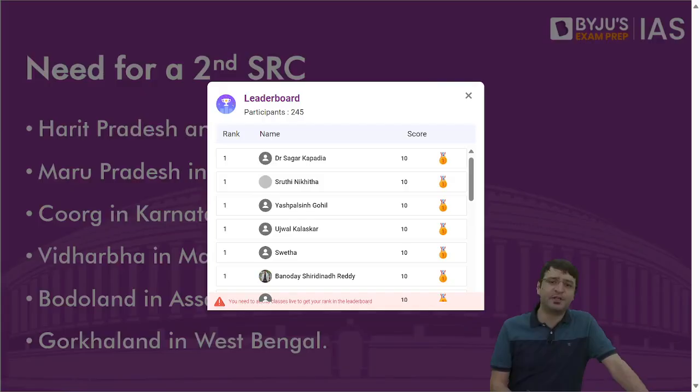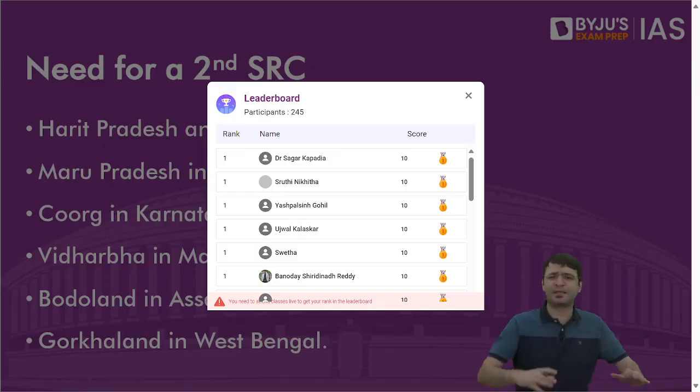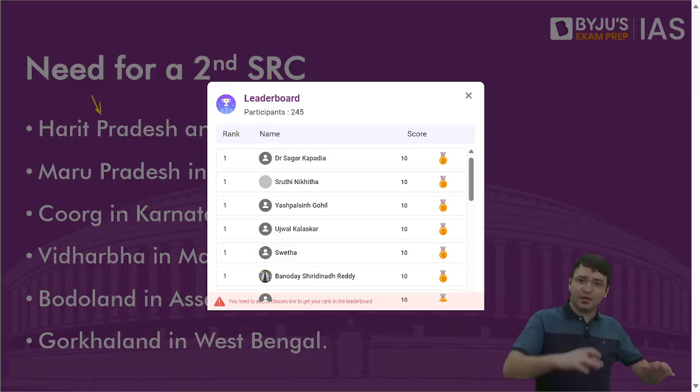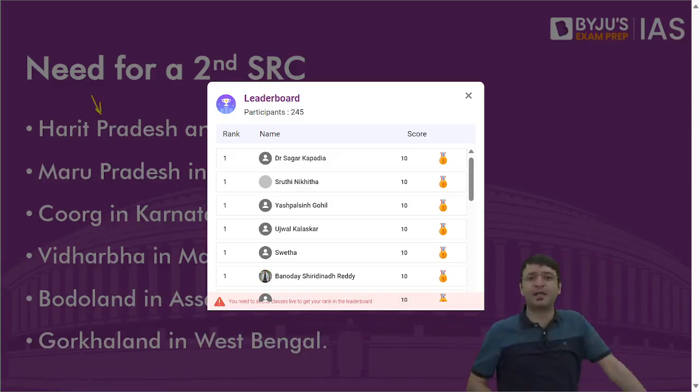Demands from different sections of society, from different parts of the country. For example, UP is such a big state that it is not convenient to administer it. UP should be divided, bifurcated or even trifurcated into three. Harit Pradesh and Bundelkhand should be carved out as separate states from UP.